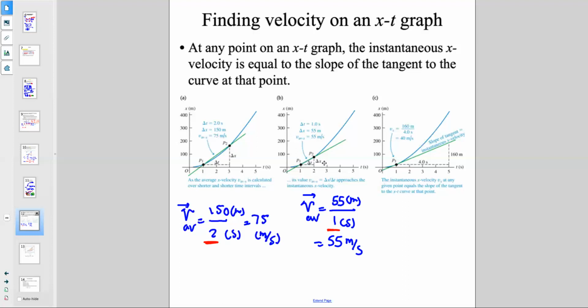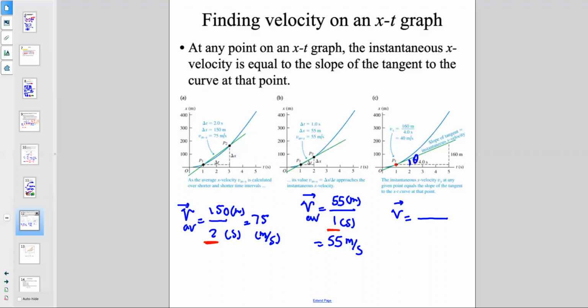Now, if they get really, really close, I essentially have 1 point, this point, right? And the slope of a tangent line will show me the instantaneous velocity at that point. Okay, as you can see here, the instantaneous velocity then, I'm just using v, I'm not using v average or whatever, because it's not average anymore. I have rise over run to find the slope or the tangent of this angle, okay?